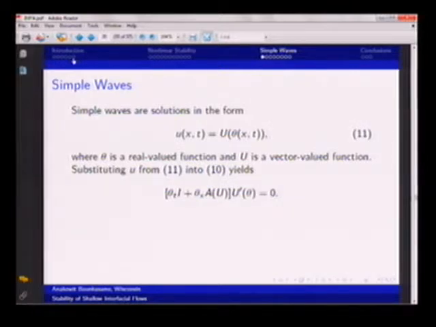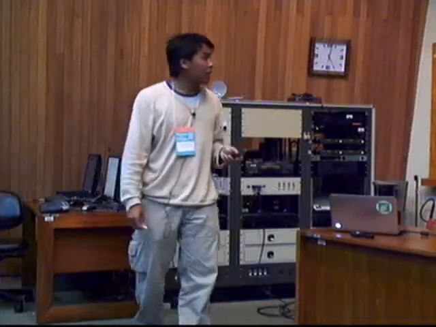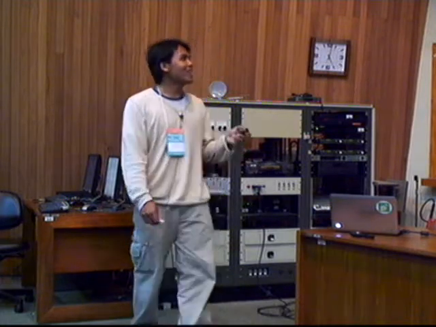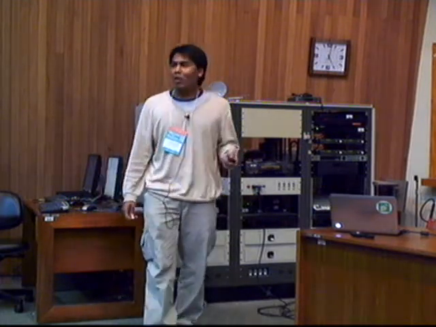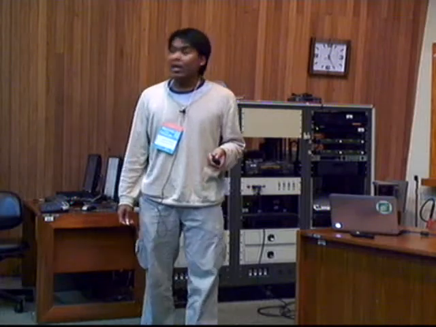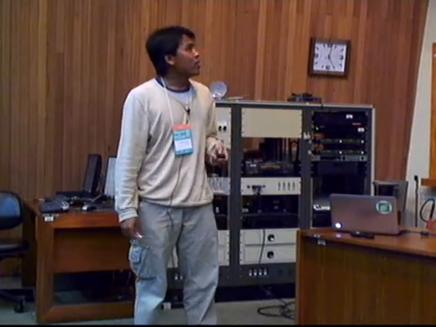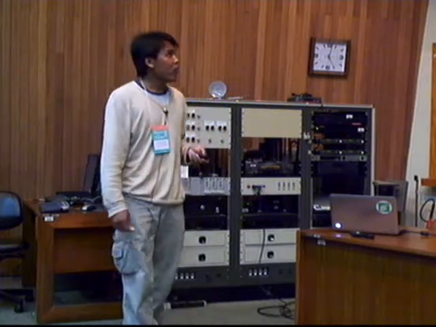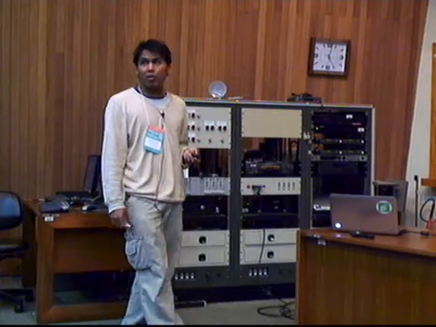If you plug that expression back into this equation, you get an eigenvalue problem. If you want a non-trivial solution, you want u prime to be an eigenvector of A, and you want theta to satisfy this diffusion equation. So how do we construct a simple wave?